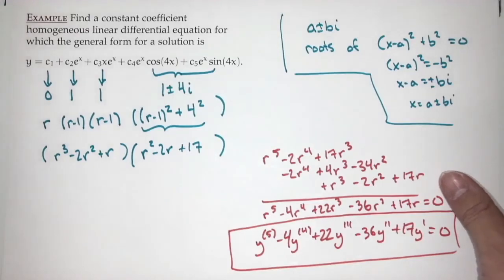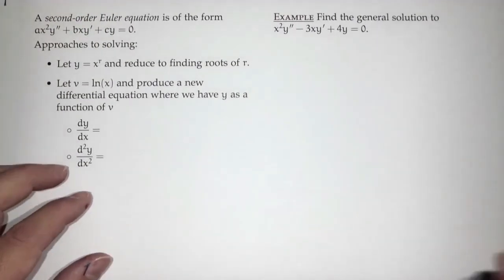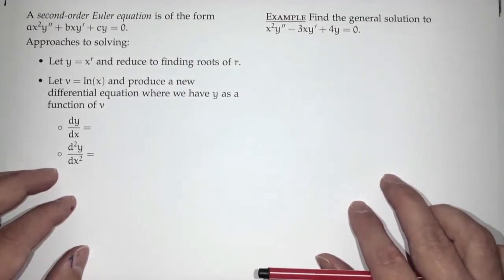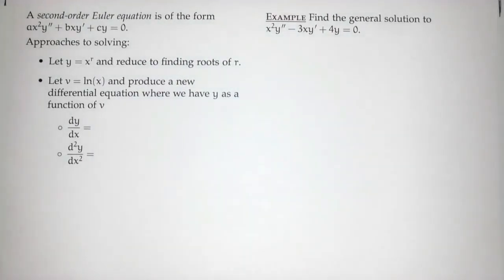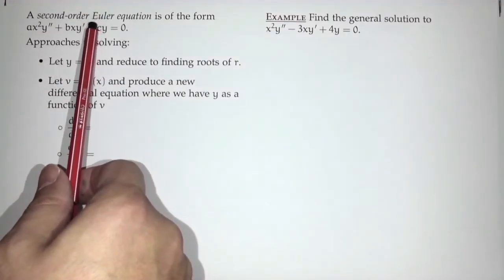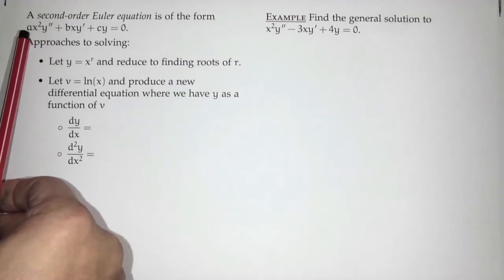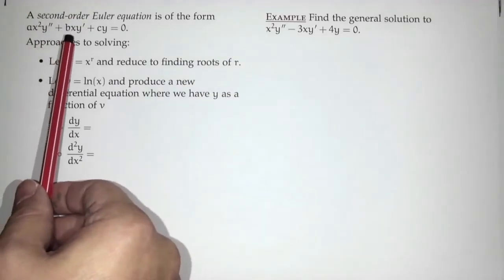All right. One last topic. A second order Euler equation. So Euler is a mathematician. I know you might want to say, isn't that Euler? No, it's Euler. It's a differential equation that has the form ax squared y double prime plus bxy prime plus cy equals 0.